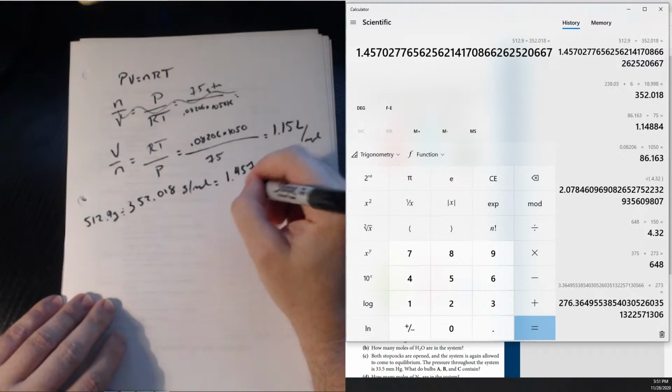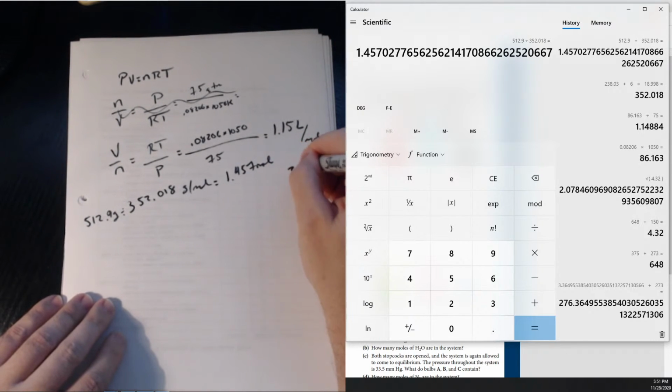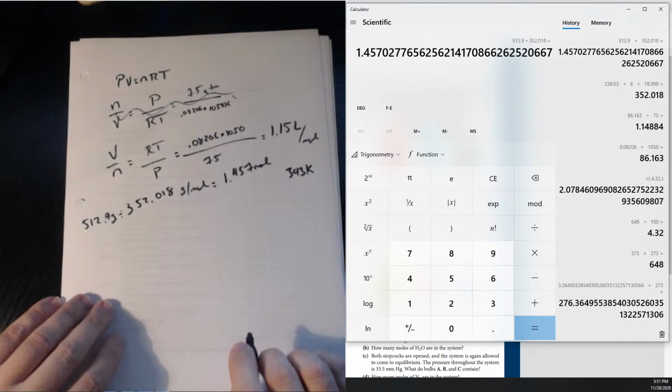Oh wait, 70 degrees Celsius is going to be 343 Kelvin. Yep, okay.